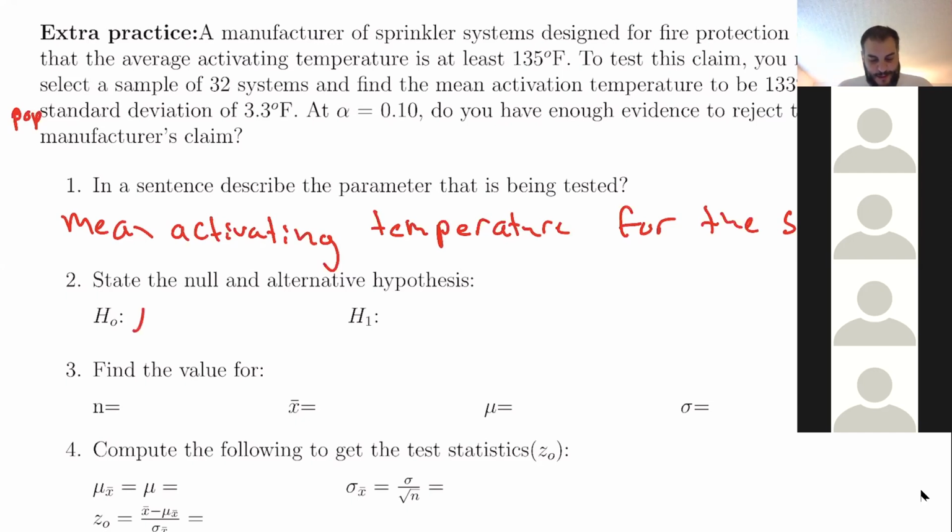What do they tell us is the mean activating temperature? 133. Well, that was from the sample that they got. If you look right there where it says we took 32 systems, and from the 32 systems we found 133 degrees Fahrenheit.